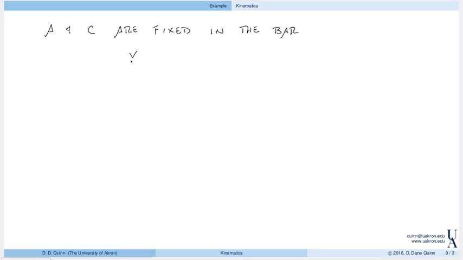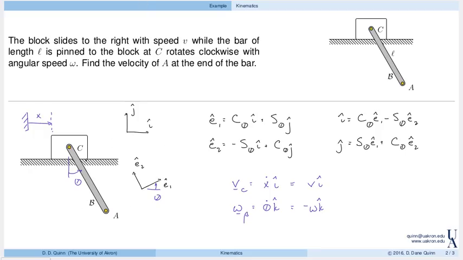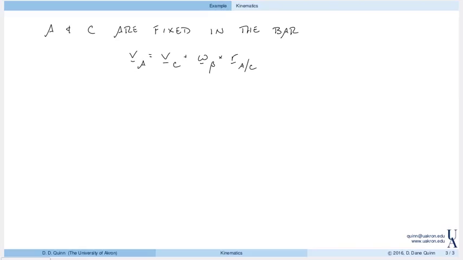So as a result, the velocity of A is equal to the velocity of C plus the angular velocity of the bar cross the position of A with respect to C. So now, from the problem statement and the way that we've defined the coordinates, we see that the position of A with respect to C, it's going to be this vector, is minus L, L is the length of the bar, in the E2 direction.